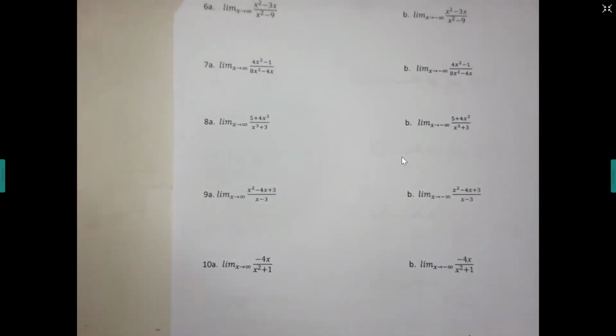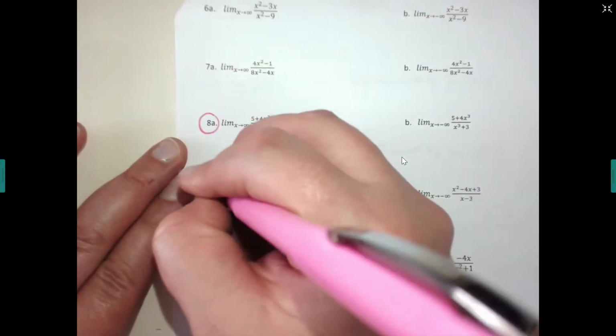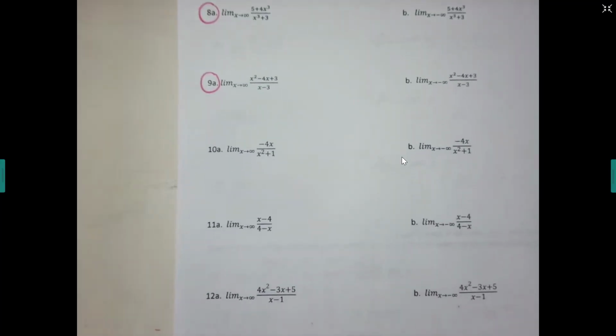So let's do 8a and b, 9a and b, and 13. Look at those, they're either a Bobo, a Botan, or a Betsy. Give them a shot.